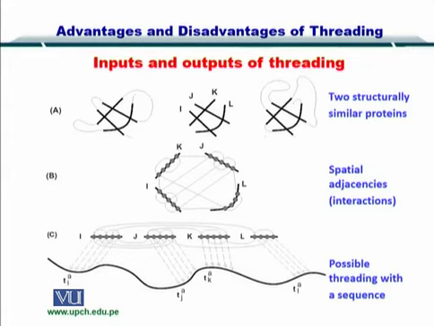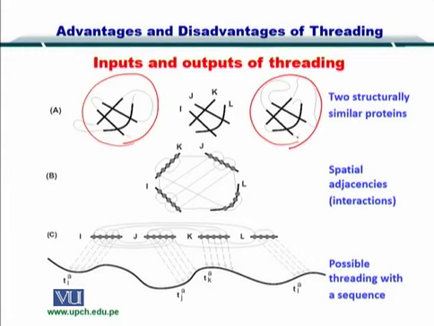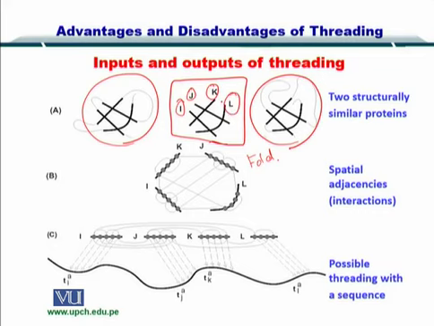So looking at the inputs and outputs of threading, you will see that we have two structurally similar proteins, and in both of them we have a fold that is common, and this contains I, J, K and L secondary structures, and we also measure their spatial adjacencies, that is, how close is I to J and L to K and so on.